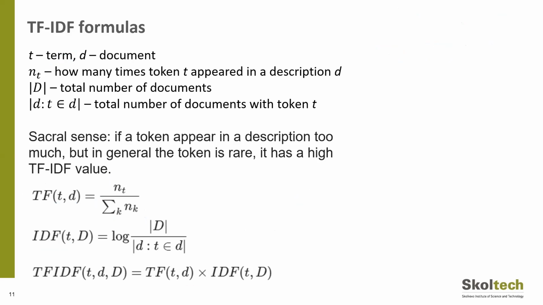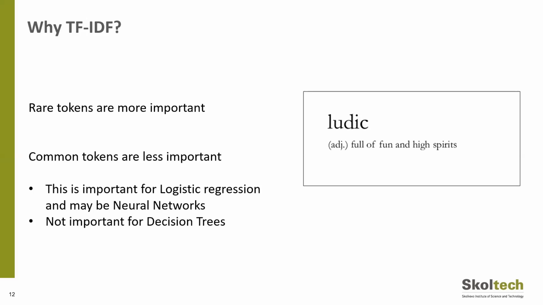I think they are basically meant to be used with logistic regression, because for logistic regression it's harder to distinguish between unimportant and important features, and here we have a kind of normalization. It has the basic intuition that rare tokens are more important because they have some meaning. It's not something that can occur in any text, but something from which we can extract some information.